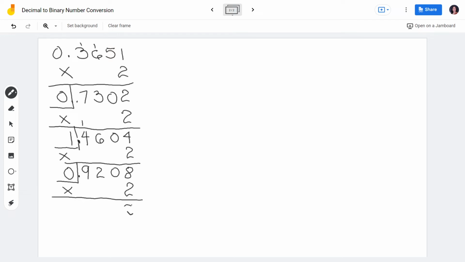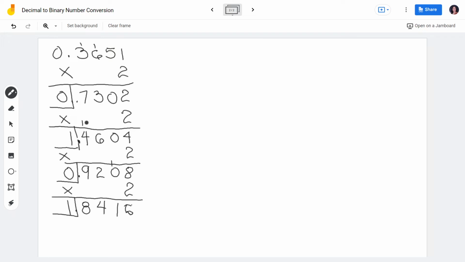Then carry 1. 2 times 0 is 0, plus 1 is 1. 2 times 2 is 4, and 2 times 9 is 18. Since we again have a 1 here, let's separate it. Let's just end here because we already have 4 values.